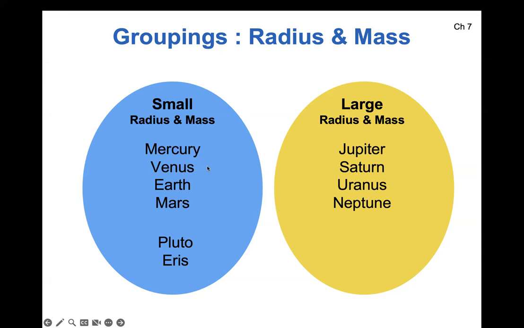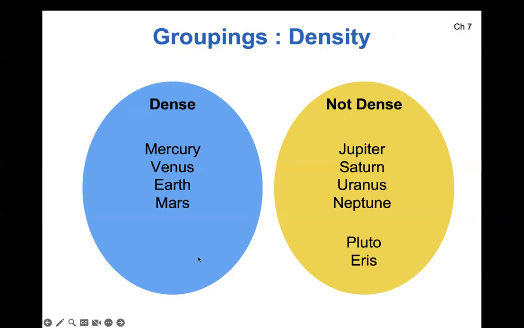Okay? And they're quite a bit smaller, often over 20 times smaller than the larger planets, which are Jupiter, Saturn, Uranus, and Neptune. So clear distinction between small and large. Definitely within the small category are all the dwarf planets, including Pluto and Eris.